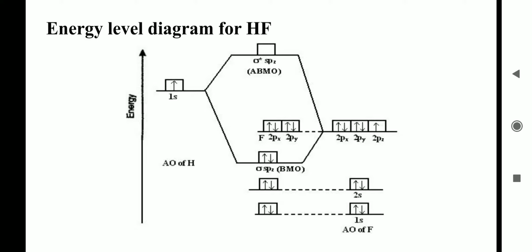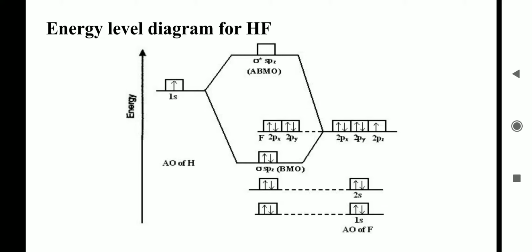So the two atomic orbitals 1s and 2pz will combine and lead to the formation of two molecular orbitals, which are sigma s-pz and sigma star s-pz. Sigma s-pz is the bonding molecular orbital and sigma star s-pz is the anti-bonding molecular orbital.